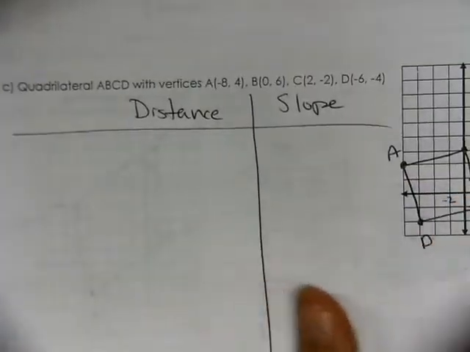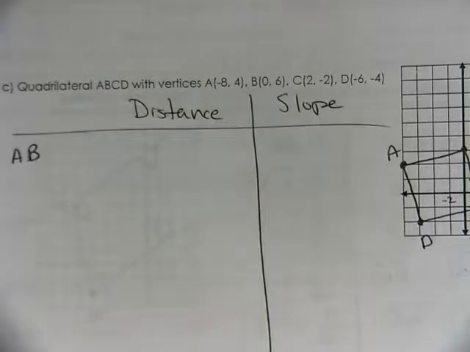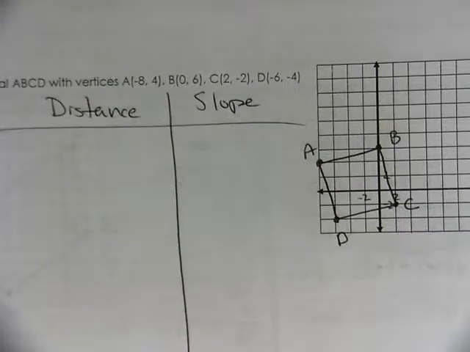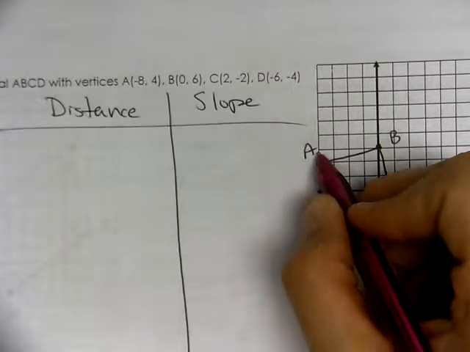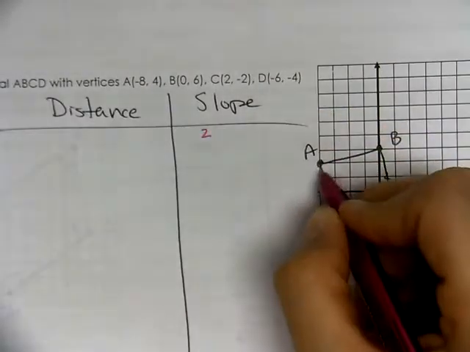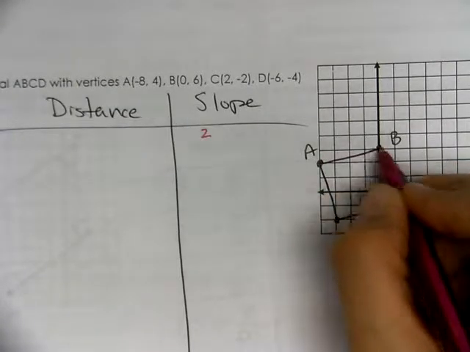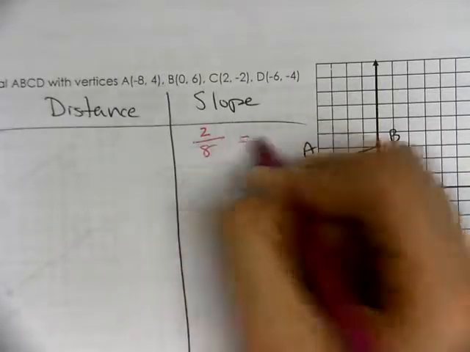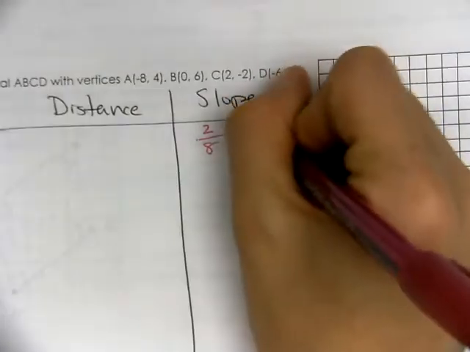Okay, so start alphabetically. I'm just going to go from A to B first. So count, rise over run. From A to B, you go up 2. From A to B, I go up 2 over how much? Over 8 to the right. That reduces to what? 1/4.